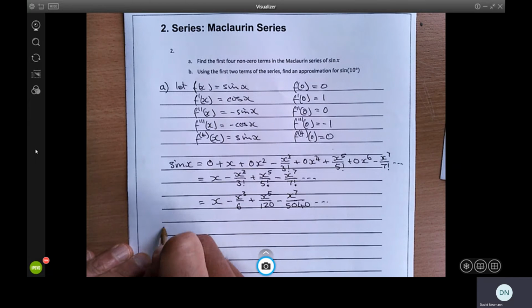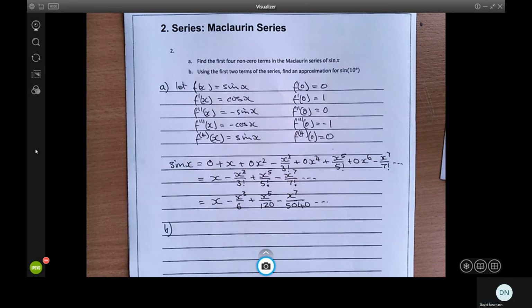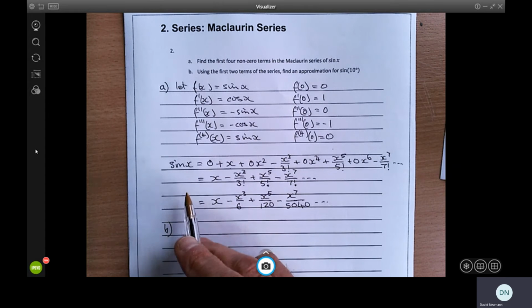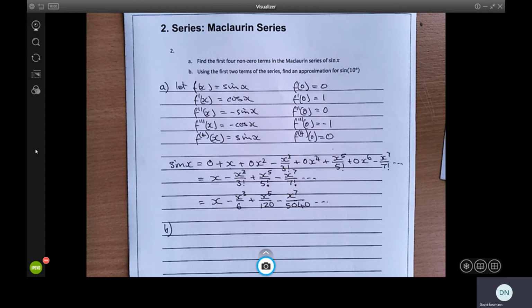And then part B, sine of 10 degrees. Well, this is only going to work if x is in radians, very much like the small angle approximations. This really is a development of our small angle approximation for sine of x.